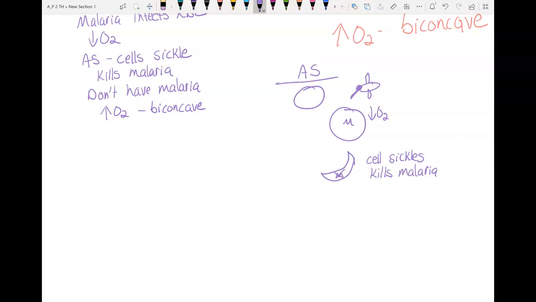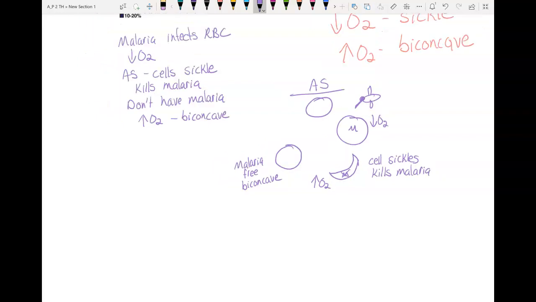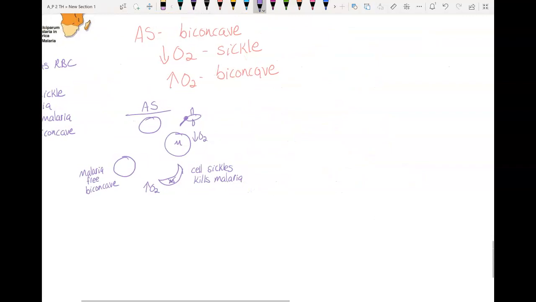Now that the malaria is dead, your oxygen goes back up, and your cell goes back to being round, and it is malaria-free. So you are all good. It wasn't sickled long enough to make you sick from having your cells sickled, and you don't have malaria. So there is a protective function of sickle cell trait. Having sickle cell trait protects you from malaria.